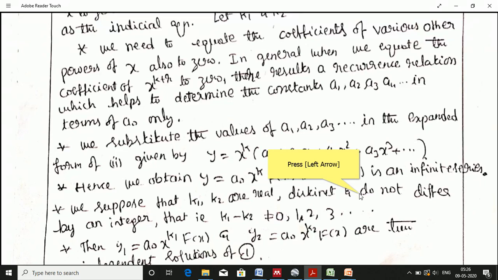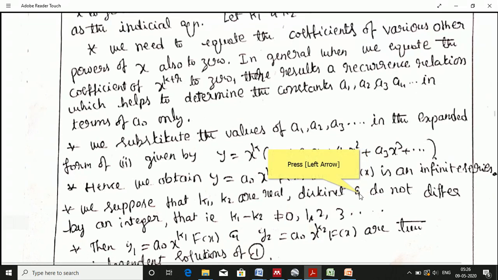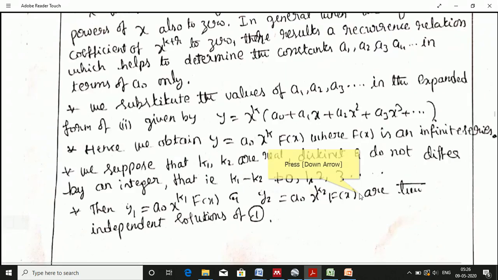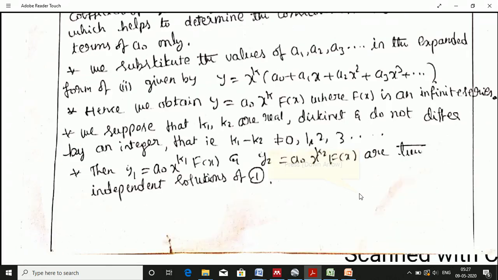And for k is equal to k1, we are calling that solution as y1, and for k is equal to k2, we are calling that solution as y2. So y1 is equal to a0 into x to the power of k1 into f of x is one solution. y2 is equal to a0 into x to the power of k2 into f of x.